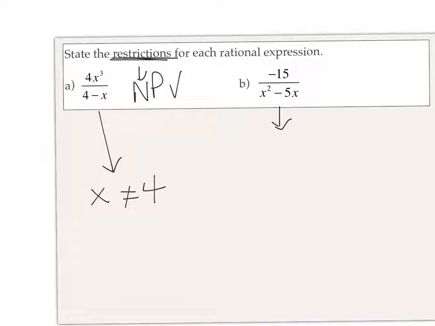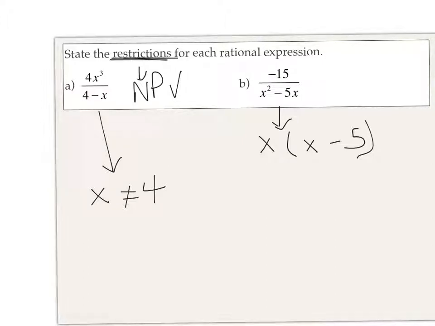If I have x squared minus 5x, what can be factored out of that? What's a removable factor? x. So I should take out x, and then left in the brackets, I would have x minus 5. Now, with non-permissible values, what you have to understand is that each factor will have a non-permissible value with it, as long as there's an x in the factor.